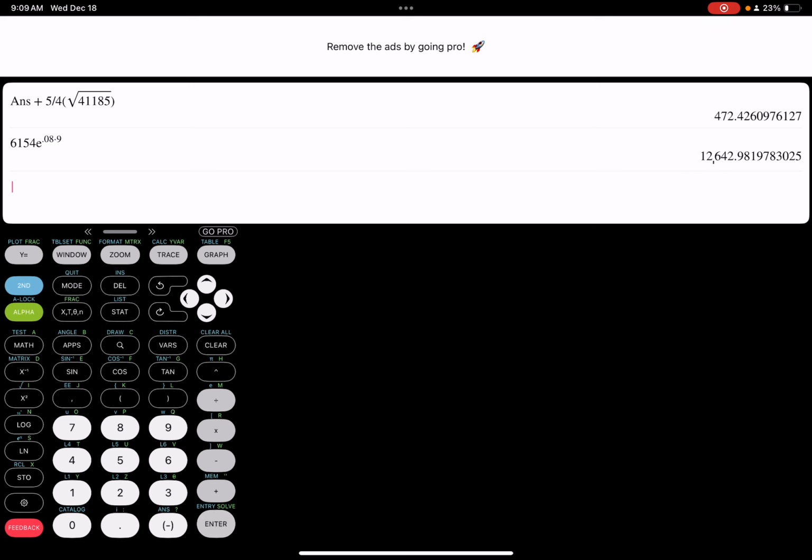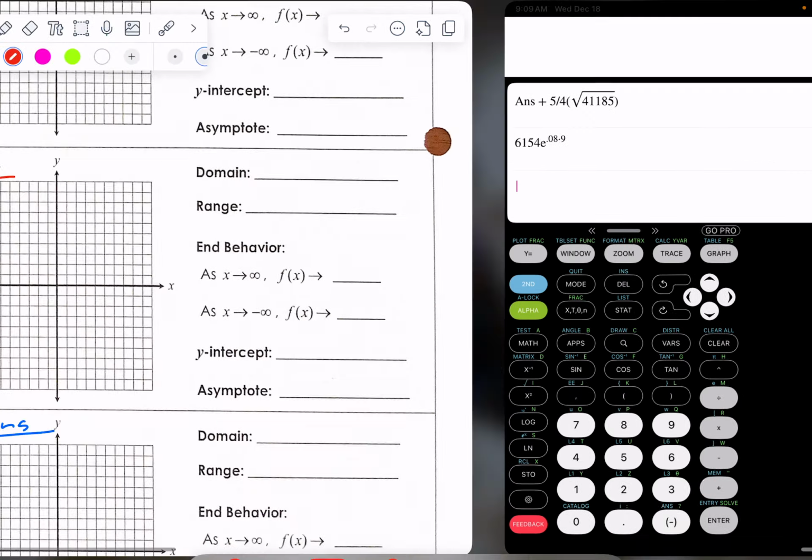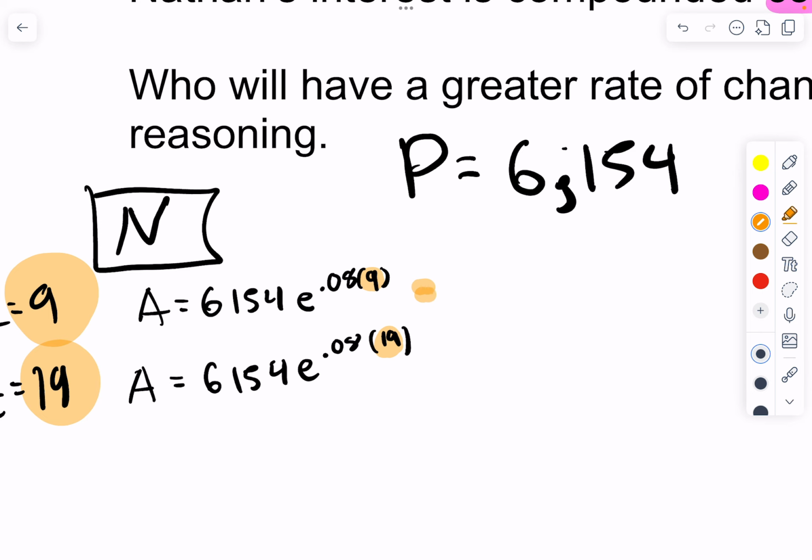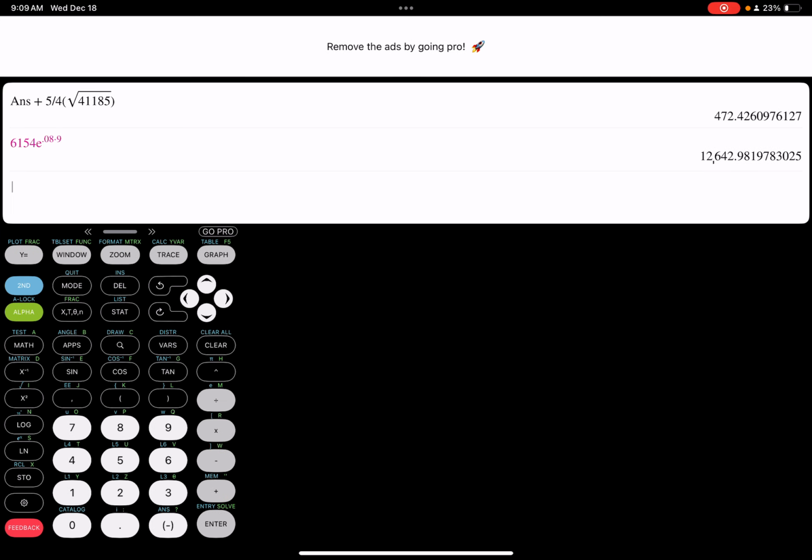So first one, $12,642.98. Okay, second one. Use this copy paste feature. You can double tap. Oh, that's too much.